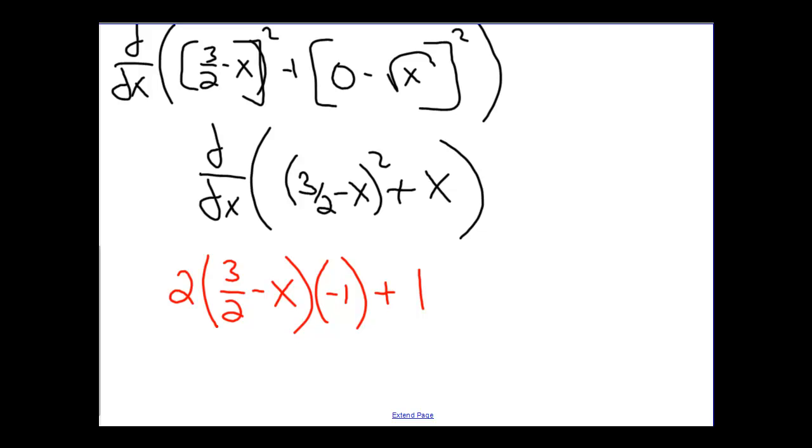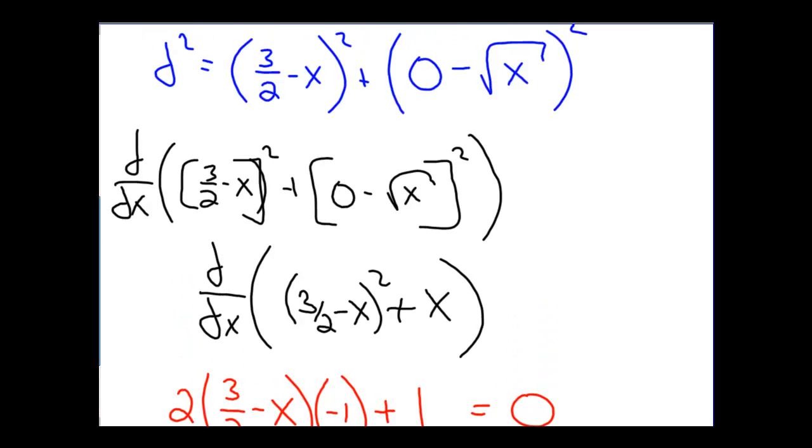In order for this to be a minimum or maximum, we have to set this equal to 0. And what this will do is find the x-coordinate on that curve that has the smallest distance. Now, how do I know I'm going to get a minimum here and not a maximum? That's always a question you need to ask yourself, particularly when you're dealing with polynomial functions where it's possible to have maximums or minimums.